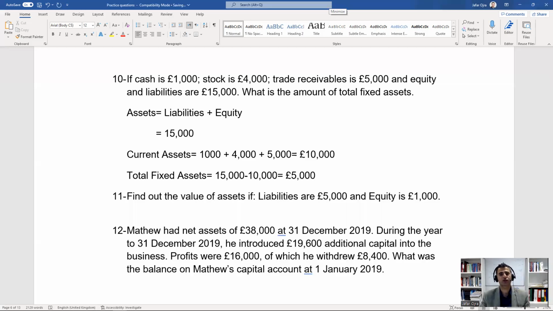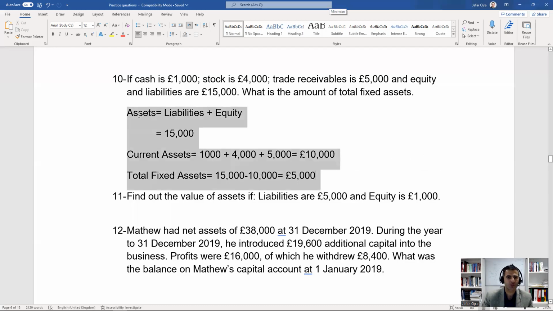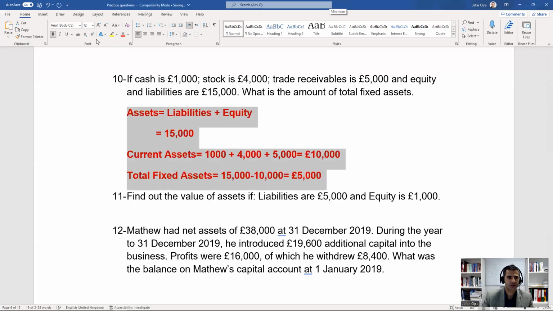If you add them up together, that makes £15,000, and that's equal to equity and liabilities. But the answer is £5,000. Okie dokie. And that's question number 10.